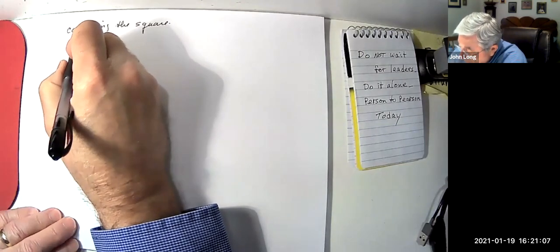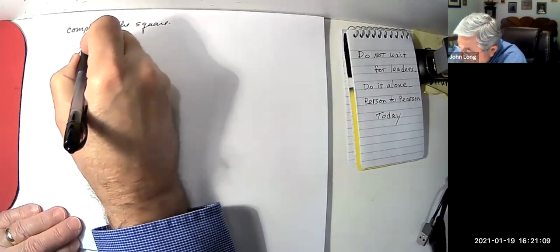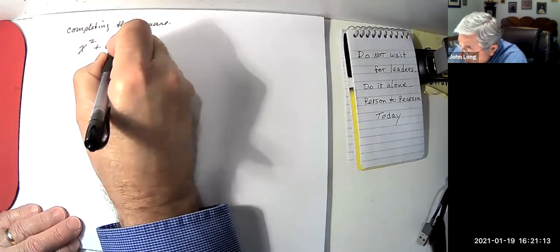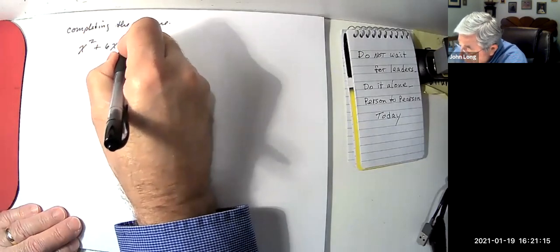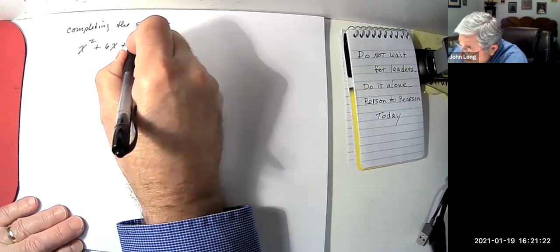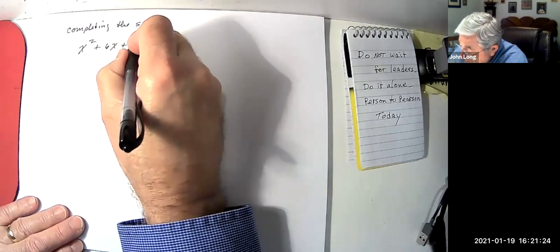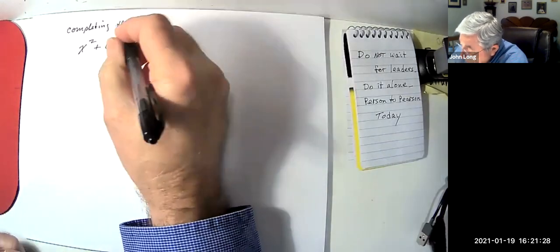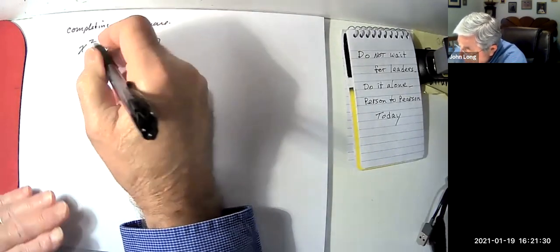Remember that if you were doing this when you were solving quadratic equations, x squared plus 6x plus 1 equals 0. If you had to solve that, that would not work with factoring.